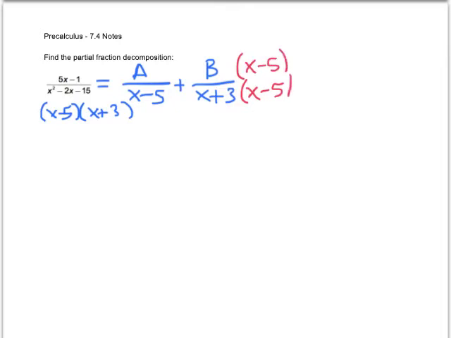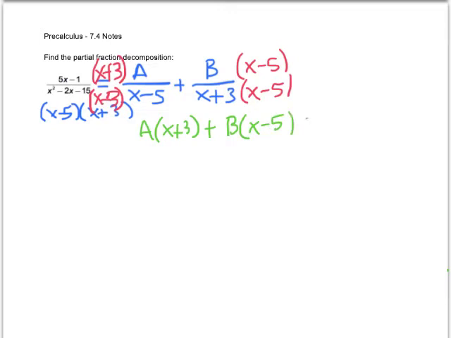And I multiply the a side by x plus 3. Okay? What that gives me then, that gives me a new looking problem, which looks like this. It looks like a times x plus 3 plus b times x minus 5. And remember now that the denominators are the same, we can set the numerators equal to each other. And so it's going to look like this, 5x minus 1.